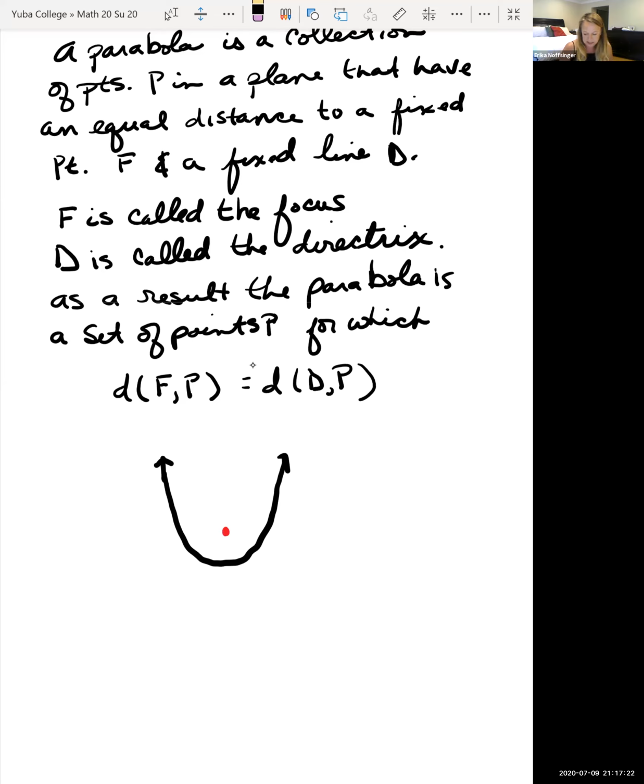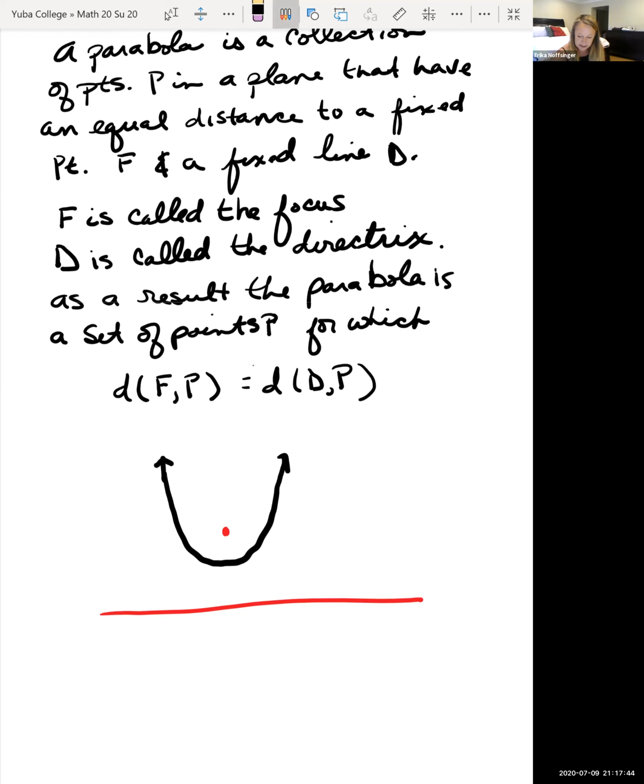And there's some fixed line. The directrix is always a line, and it's either horizontal or vertical, for the only ones we're going to look at. And it's always below the vertex or on the side of the vertex, depending on which direction. So let's say it's just facing up for now. So I have some directrix like this.